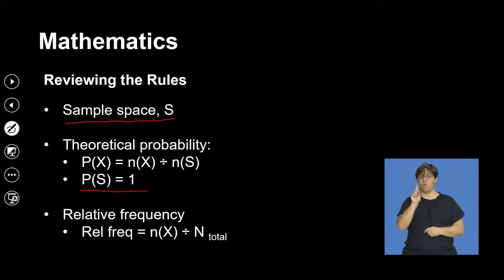Relative frequency is what we get when we do an experiment. It might not give us the theoretical outcome that we were predicting with probability, but if we do enough trials, if we make this very big, then we will get close. These two will get closer and closer to each other if we do lots and lots of trials.